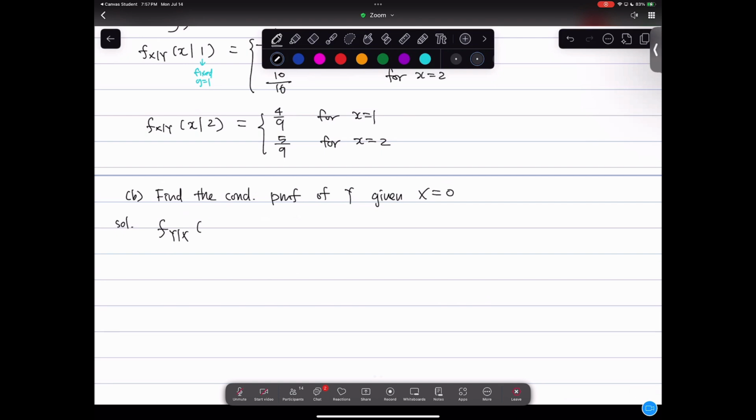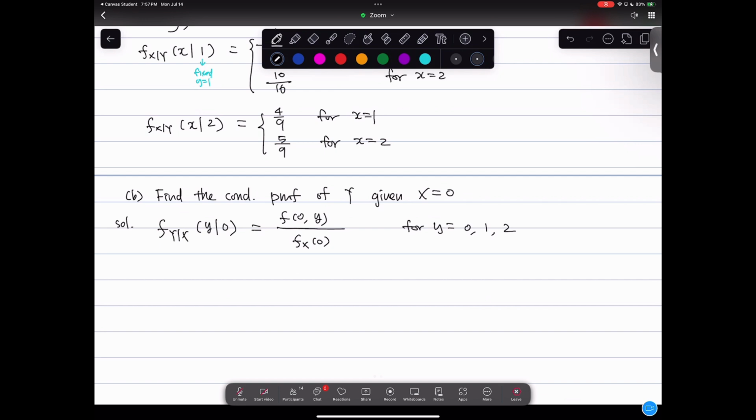So y given x value of 0. That means my denominator has to be the marginal x value of 0. Then the numerator, x is 0, y value can change. For what y values? Y value can be 0, 1, or 2. So that's what I see. So I'm looking at the conditional.